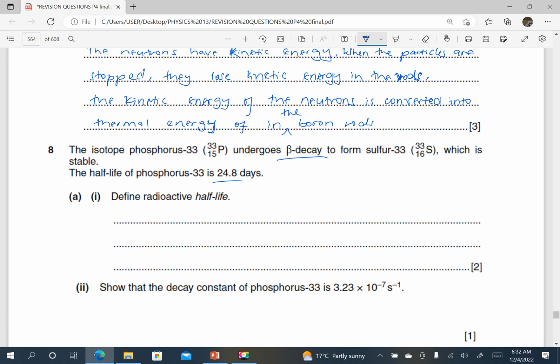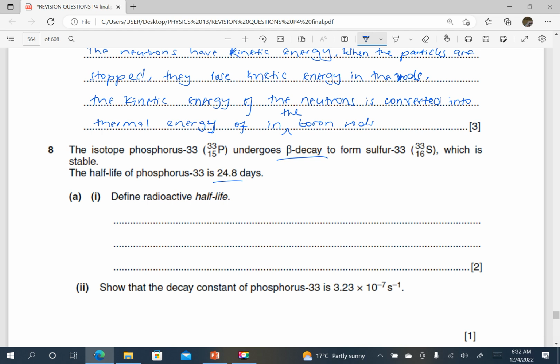Define half-life or radioactive half-life, whatever they call it. Of course, half-life is the time taken for the initial number of nuclei in a given sample to reduce to half, or to reduce to one half of its original value. The time taken for the activity of the sample to reduce to half its original value, that is half-life.